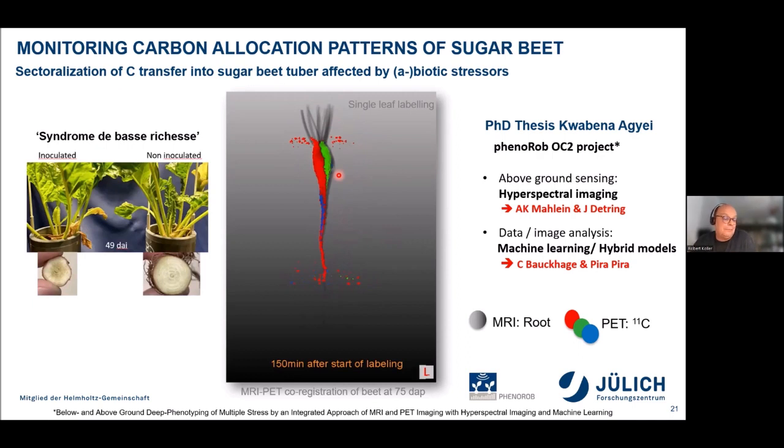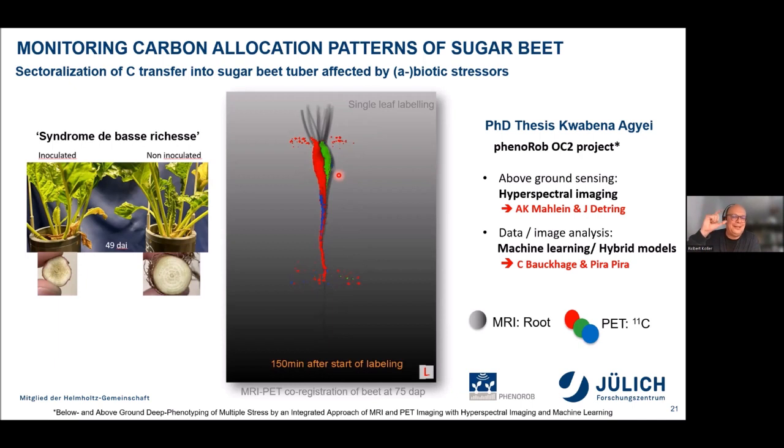And just this morning we received the message from Justus that the inoculation with the SBR, this is a pathogen we are using, was quite successful, and we hope that in the near future we can show you some more information on how the stressor affects the carbon allocation below ground, and also how it affects the shoot part of the sugar beet.